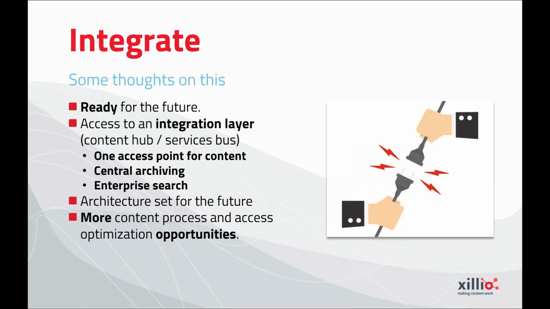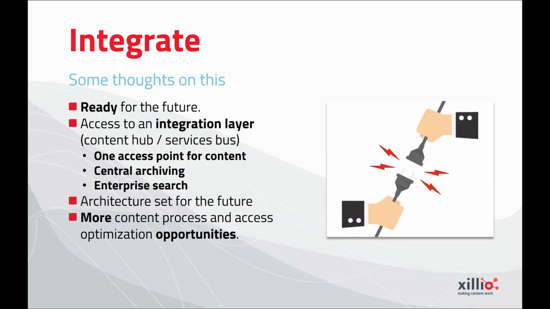And of course, if you have this kind of content hub or services bus within your organization, you can use it for many other optimizing, interesting use cases. For instance, maybe central archiving, different content repositories or different content originating sources that all need to go into a central archive.